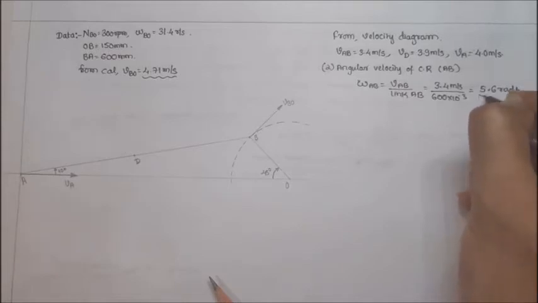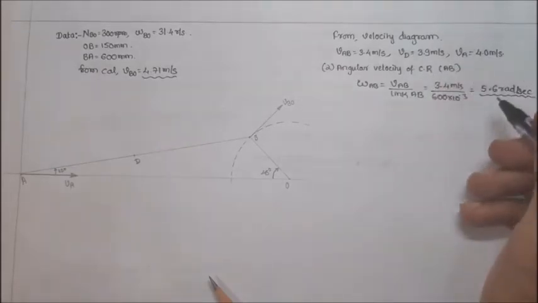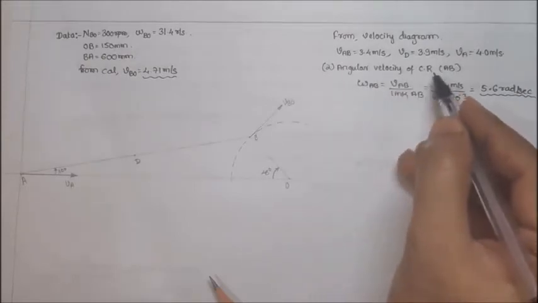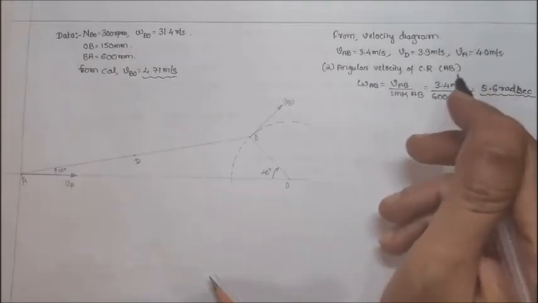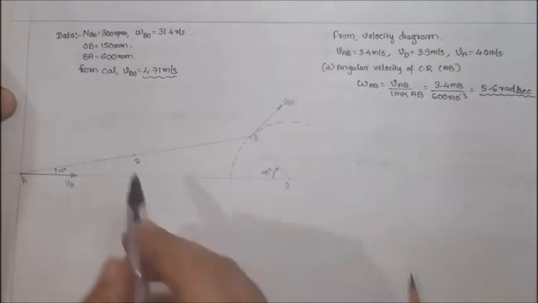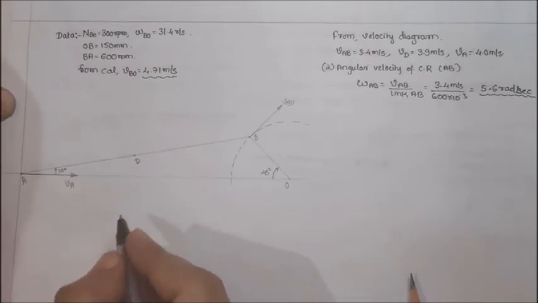So we got the angular velocity of the connecting rod AB. Now we should know the angular acceleration of the connecting rod AB and the acceleration of point D. For that we require to do certain calculation.